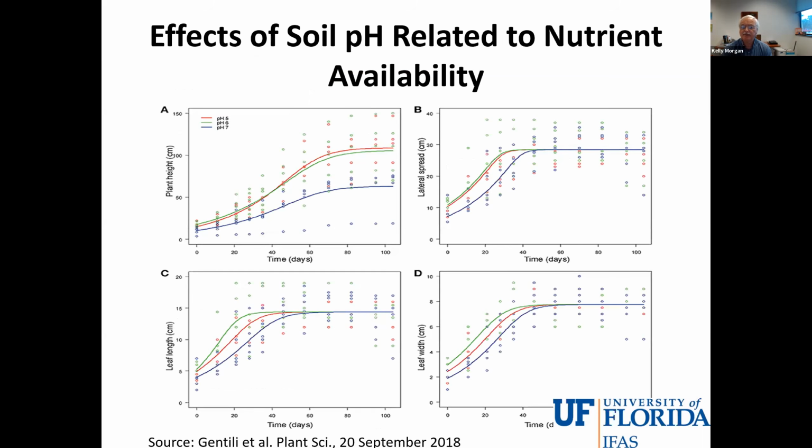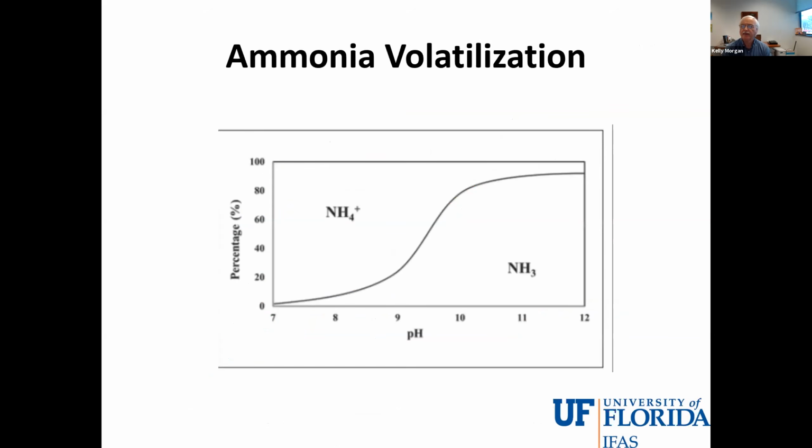You can see that as you get to a neutral pH, the blue line, the plant heights decrease through the production cycle. Initially, that's also true of lateral spread of the plant, leaf length, and leaf width. The crops just don't grow as well at that higher pH.